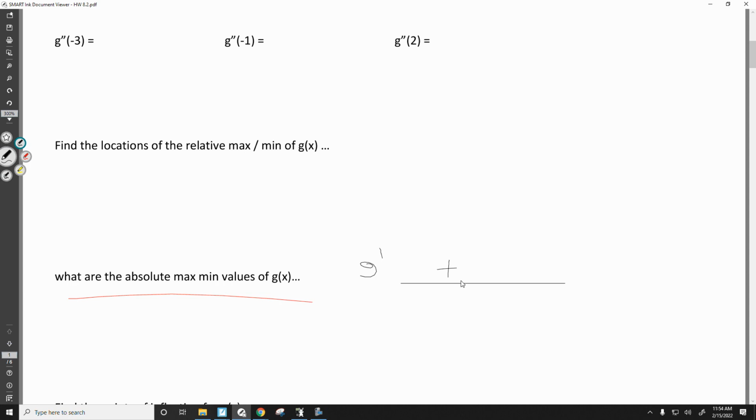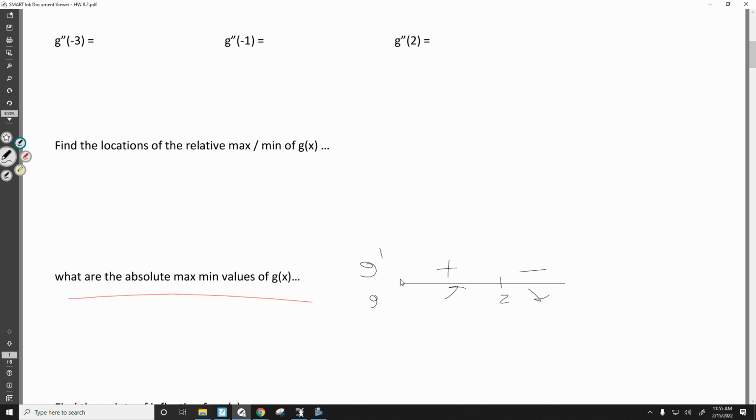We hit a 0 at -3, but we don't really change sign there. That is an important point, but not for G prime. We change signs at 2. This is telling me G is increasing, then decreasing.